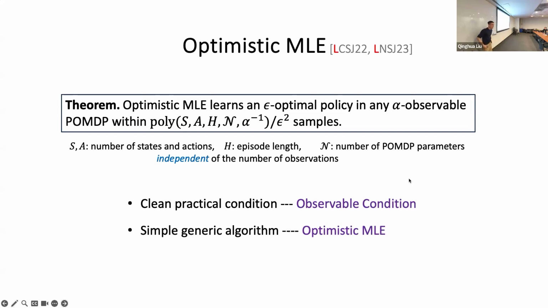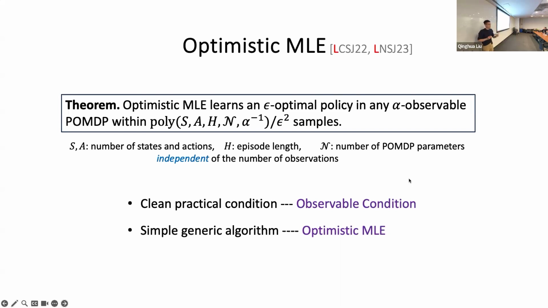Oh, go ahead. Say the number of POMDP parameters. You're basically learning the transition matrix, the reward, but not the emission matrix, because that depends on the observation. So here we are actually assuming the reward function is given. We assume the reward function is known, something you designed, and the model parameters are those in your transition matrices and emission matrices, and also your initial state distributions.